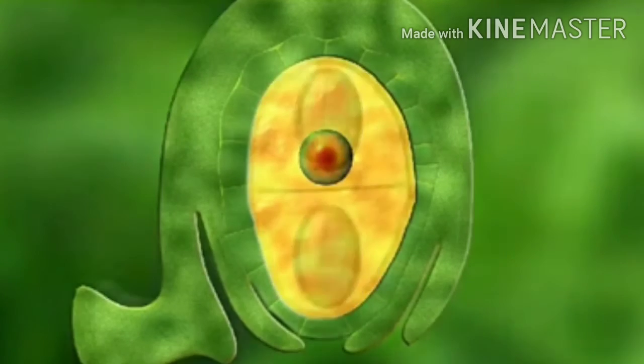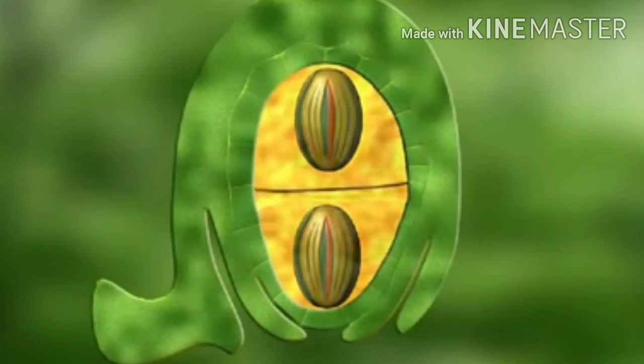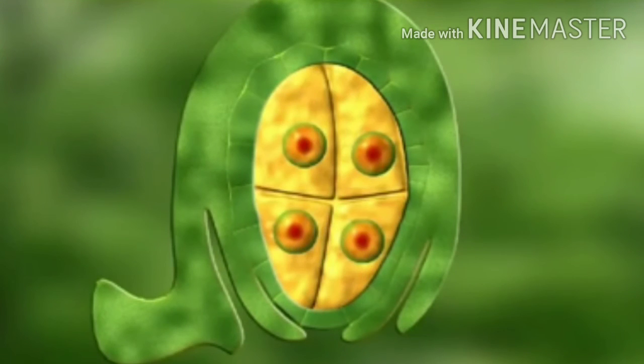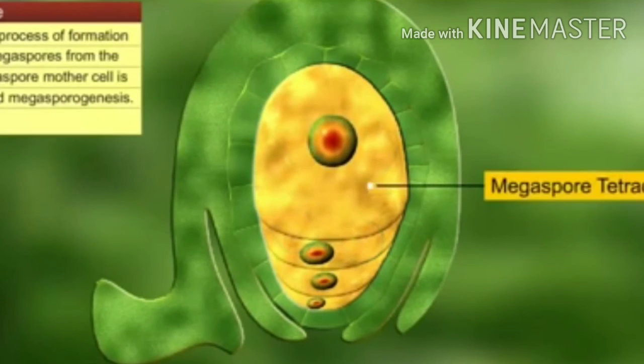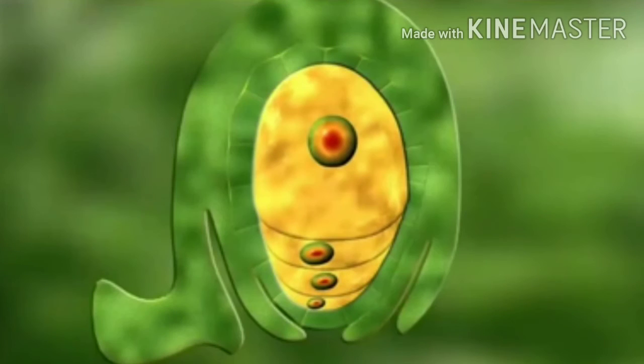The megaspore mother cell divides meiotically and forms a tetrad, that is, four cells. In most flowering plants, only one megaspore becomes functional. The other three degenerate.